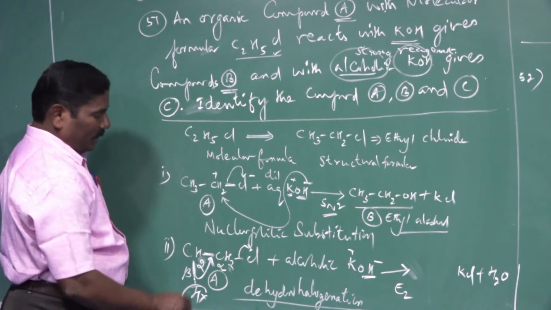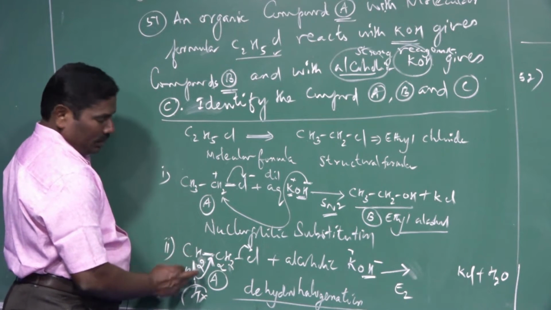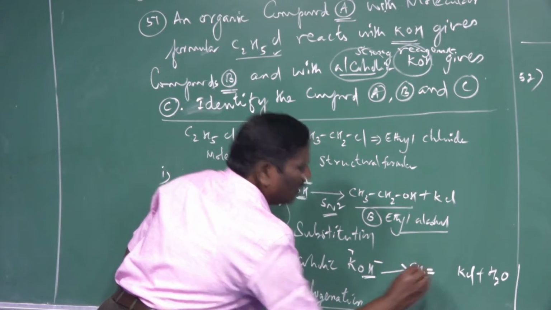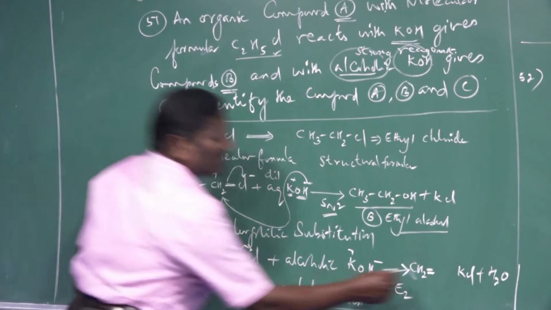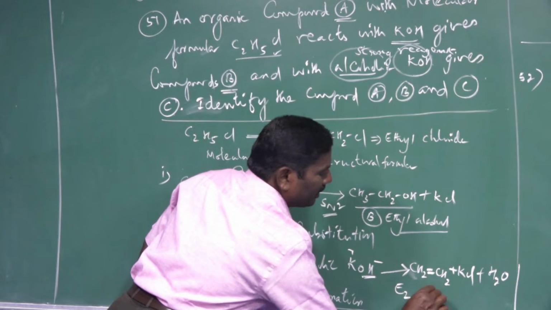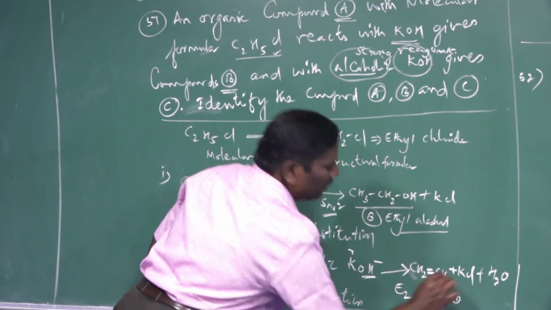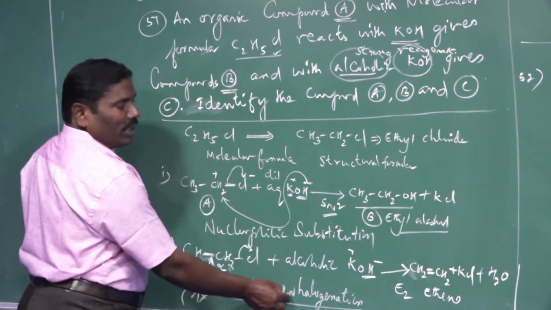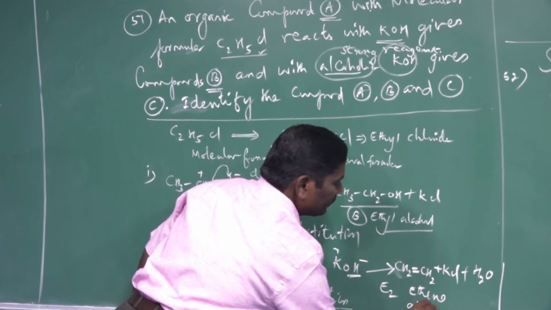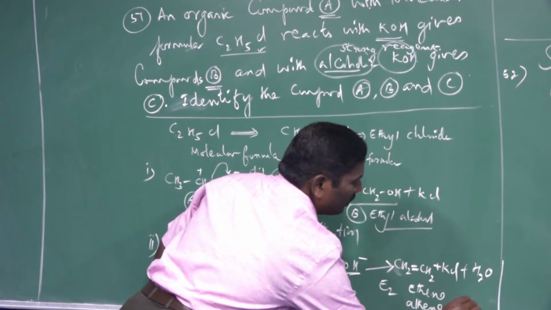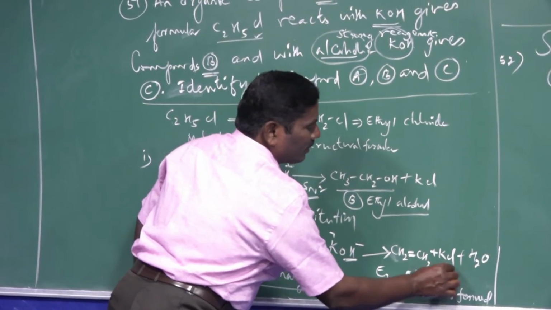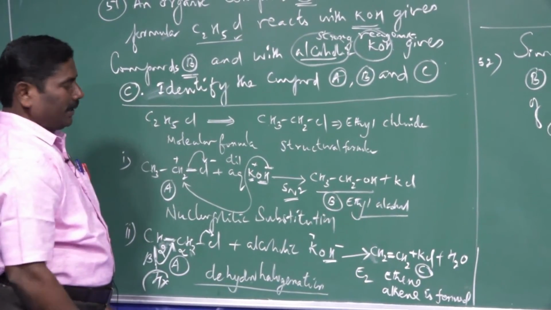There is CH2, the bond shifted here, and the compound formed is CH2=CH2, with a double bond. We can write this as ethene. By dehydrohalogenation, an alkene is formed. This is named compound C.